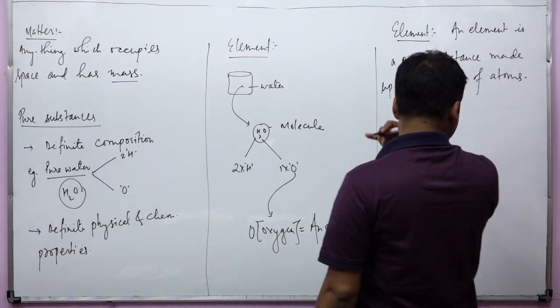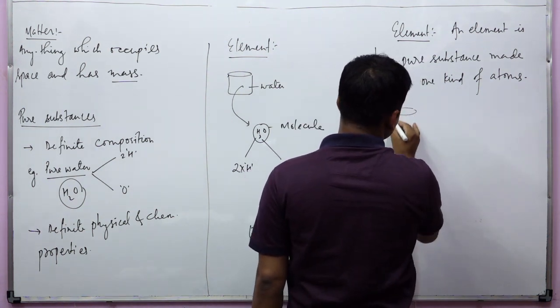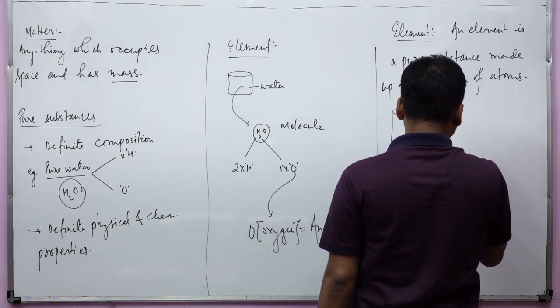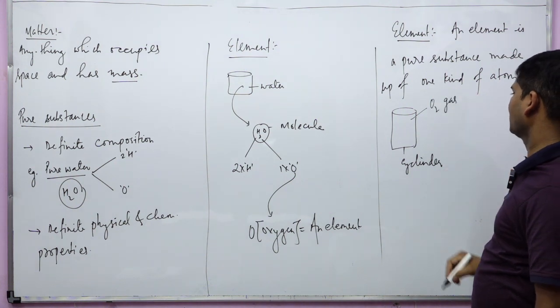For example, you take a cylinder and it contains, let me say, oxygen gas.